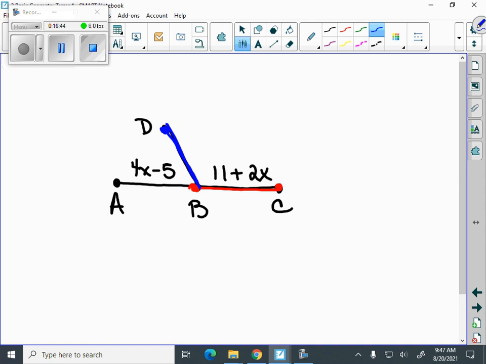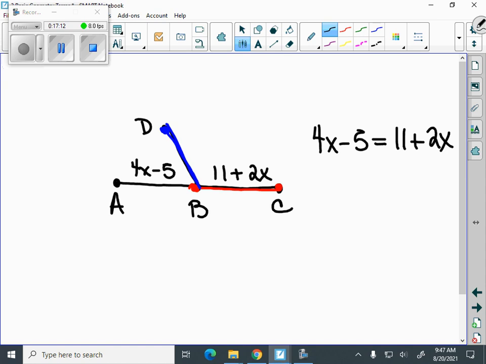That segment is dividing now our black and red line in half. So what we need to do to finish today is that we're going to take 4x minus 5, and we're going to set it equal to 11 plus 2x. And now we're going to use our solving equation skills to finish this problem.